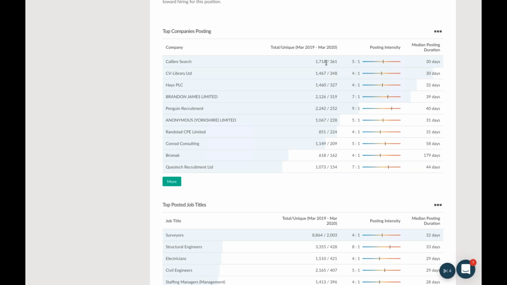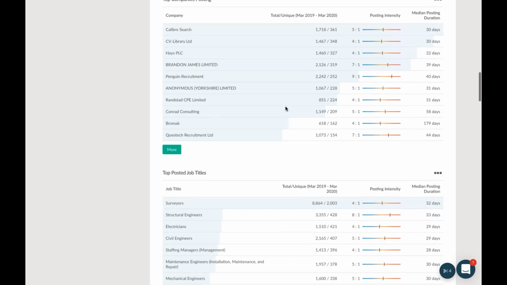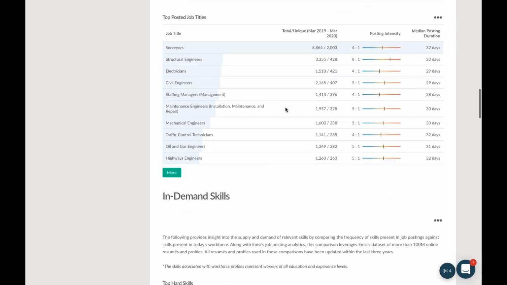If we looked at Caliber Search, clearly a consultancy, a recruitment agency, they had 361 jobs which turned out to be 1,718 job postings. So each unique job was advertised in 5 different places, and their jobs were live for 30 days on average. We can then see the top posted job titles.